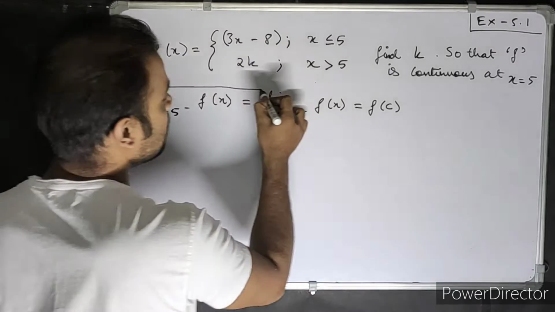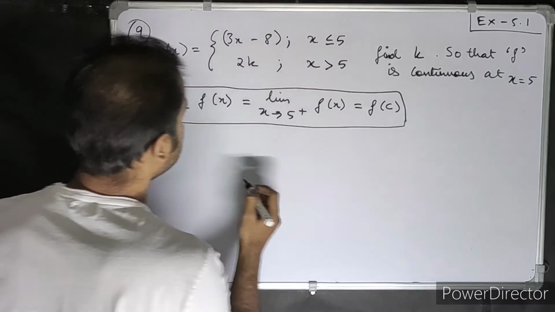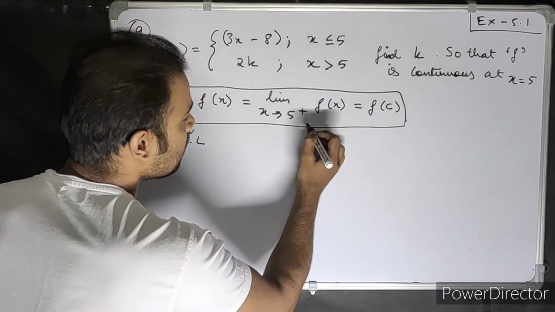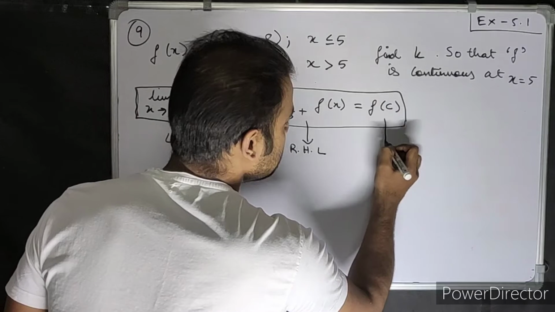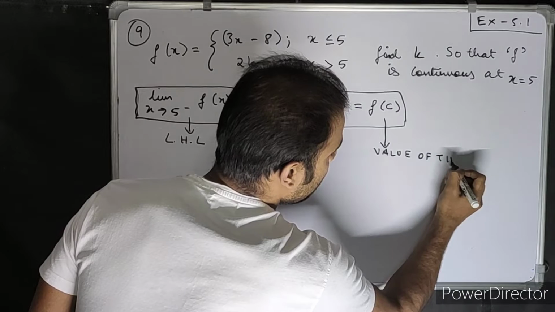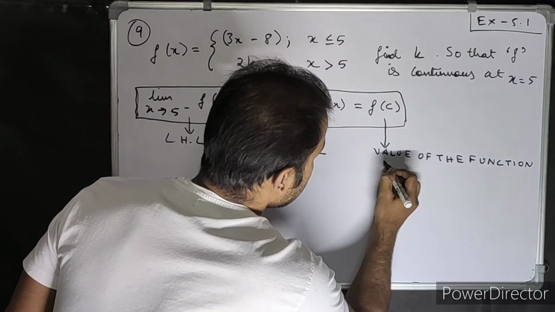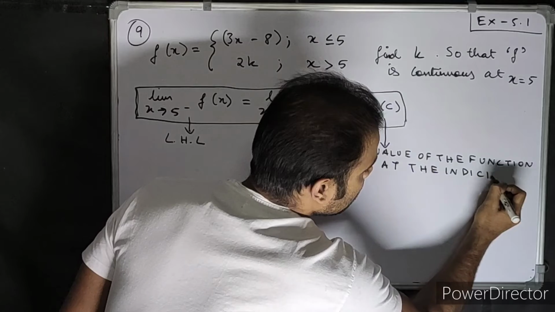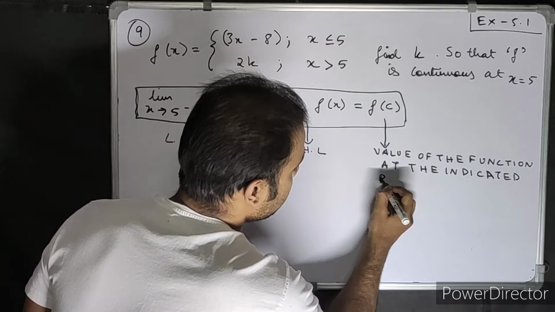This part is the left hand limit, LHL, this part is the right hand limit, and this is the value of the function at the indicated point.